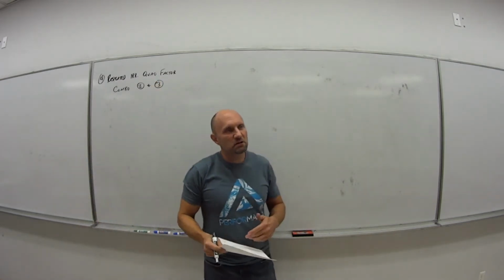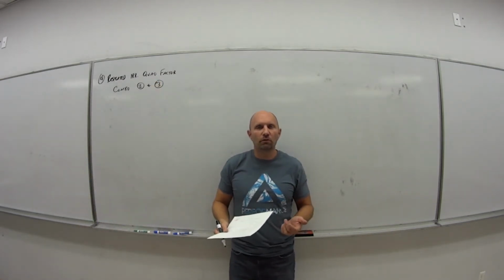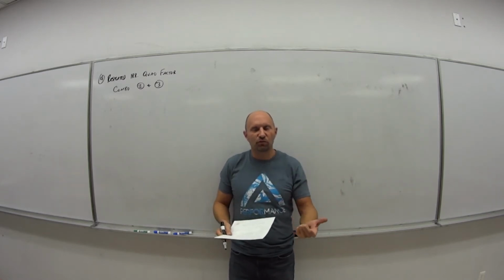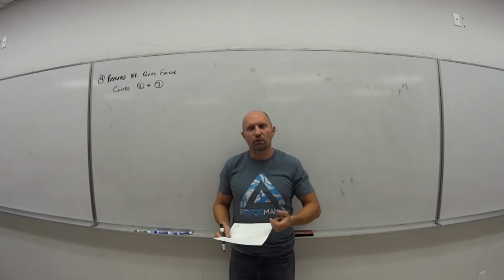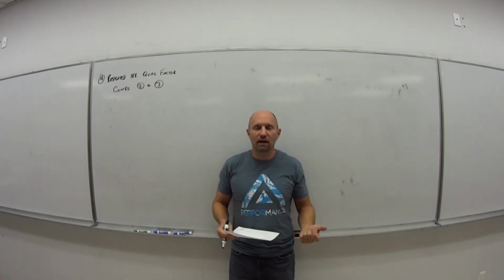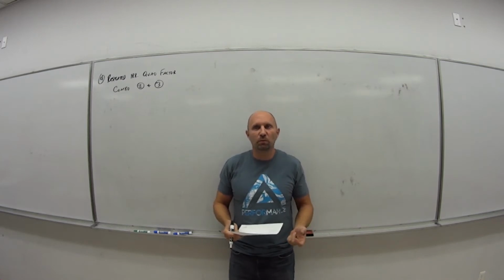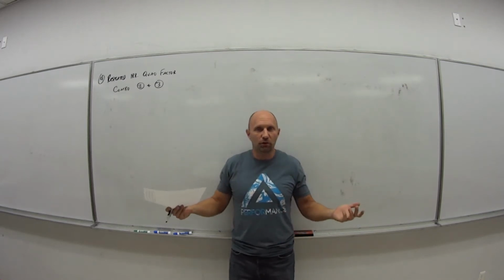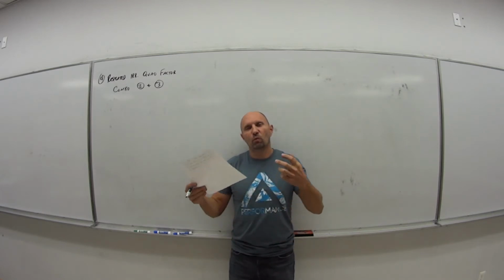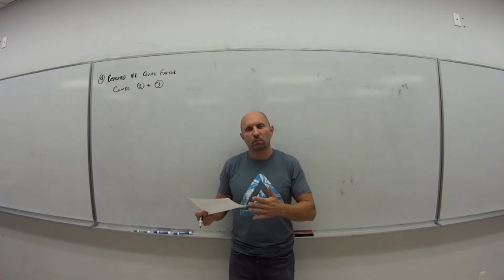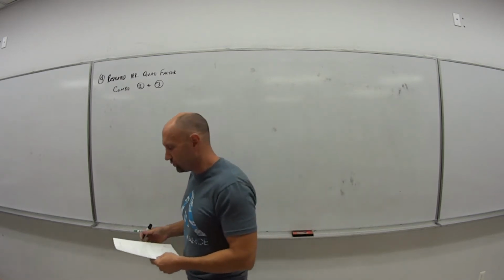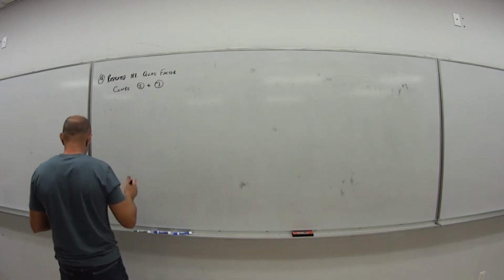If we had x minus 1 to the third, we used x minus 1, x minus 1 squared, x minus 1 to the third. Now if we have a repeating quadratic that's irreducible, so let's say x squared plus 1 to the third, we'll have x squared plus 1, x squared plus 1 squared, x squared plus 1 to the third. So it's really just combining those two different styles we've already done.